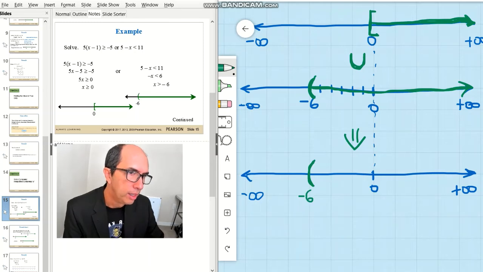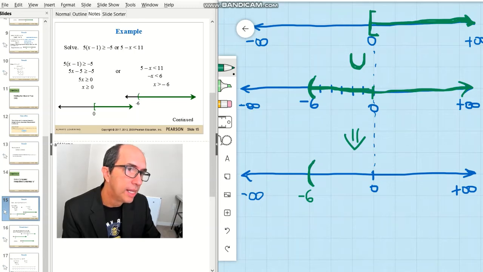We draw here this parenthesis, and everything that's greater than negative 6, between negative 6 and 0, is included in just one set, right? Since it's the union, it needs only to be included in either set, in one set. So this is part of the union.